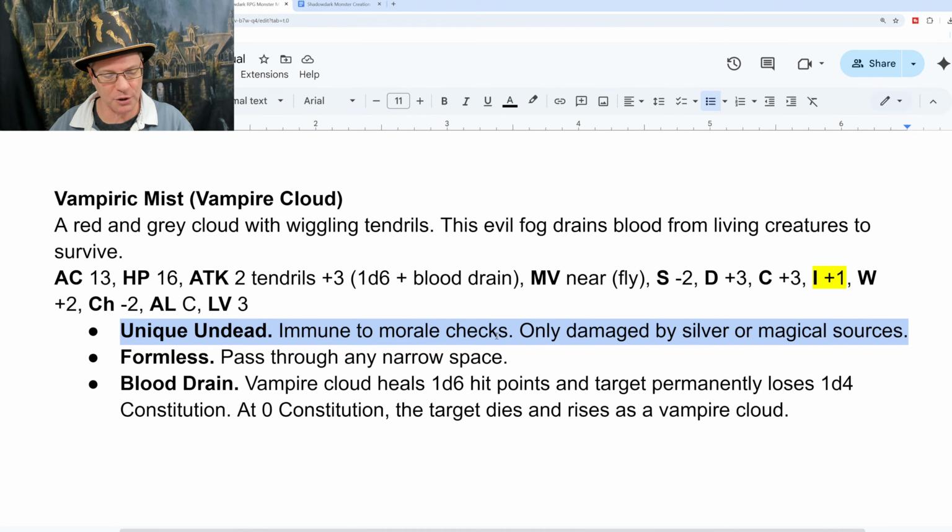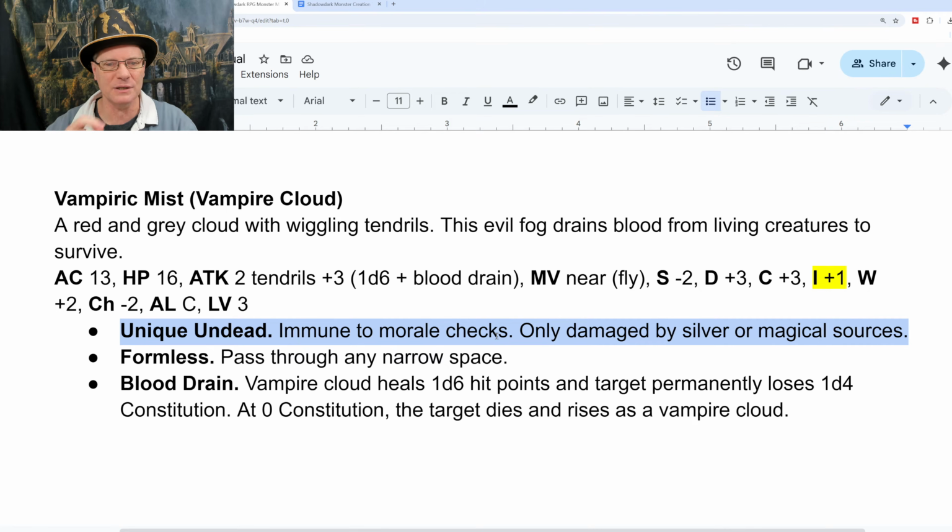And of course, they also include a section that says they can only be damaged by a magical source. That's for the vampire. The vampire spawn, though, can be damaged by silver or magical sources. And so I decided to look more at the writing of how the vampire spawn was done, rather than the full-blown vampire, which doesn't matter if it's necessarily silver, it just needs to be a magical source.